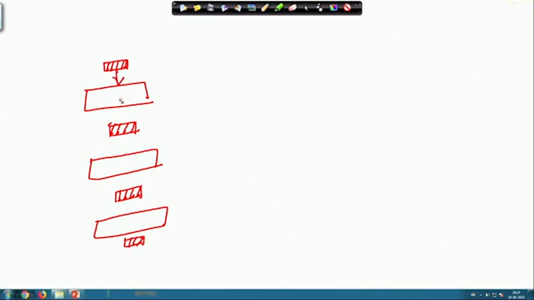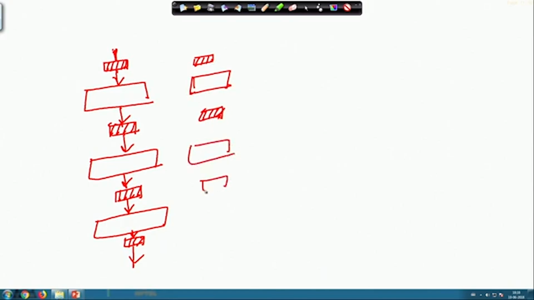This will be coming to this, and this is the output. The input is coming to this particular point. Now, what I have to do is copy these blocks 5 times, as I have employed a parallel processing level of 5. So, this is C1, this is C2, this is C3.